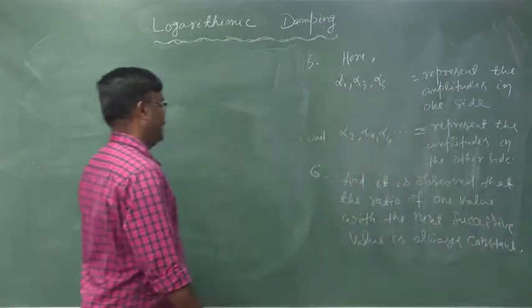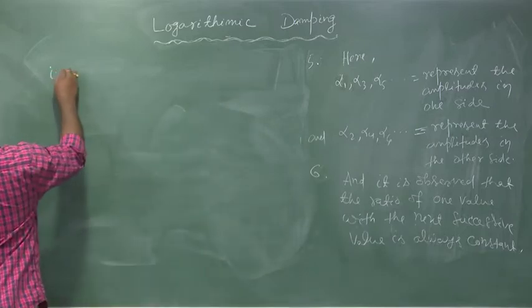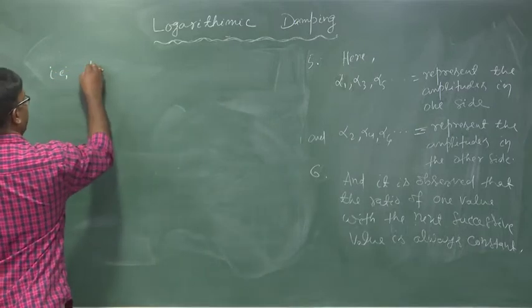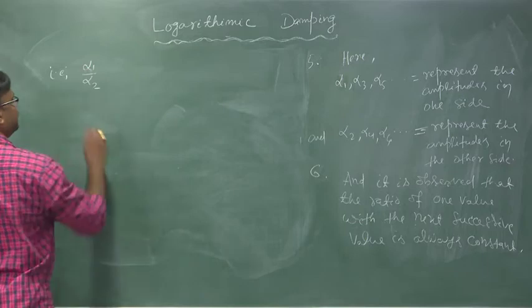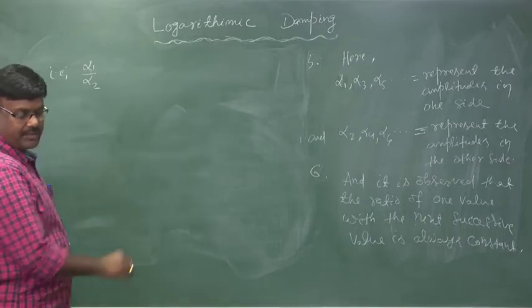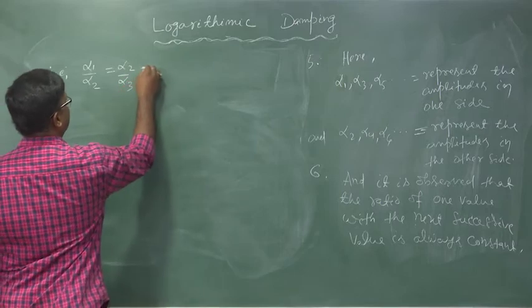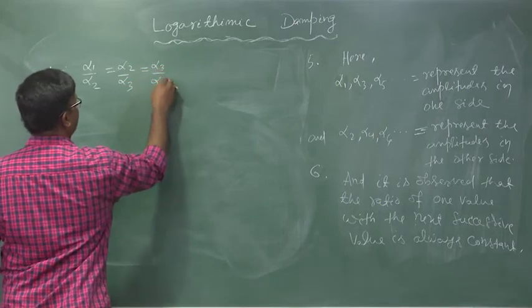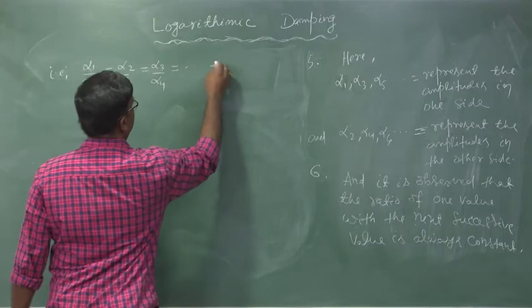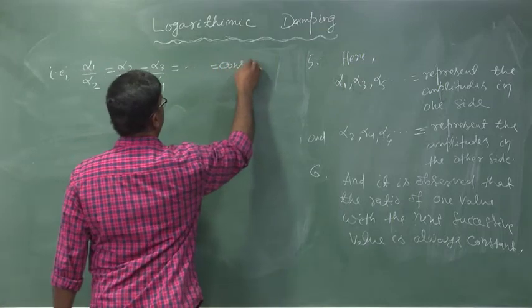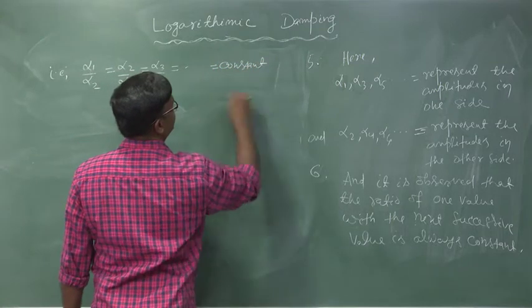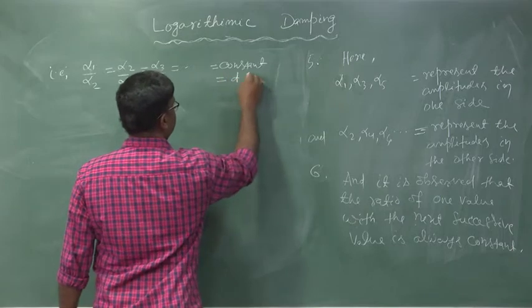That is, alpha 1 by alpha 2 equal to alpha 2 by alpha 3 equal to alpha 3 by alpha 4 equal to a constant, and let that constant be d.